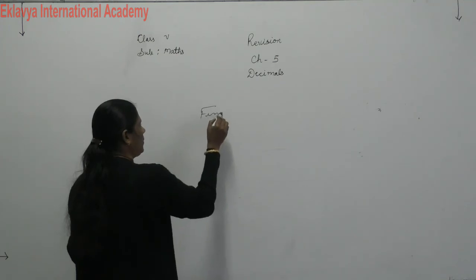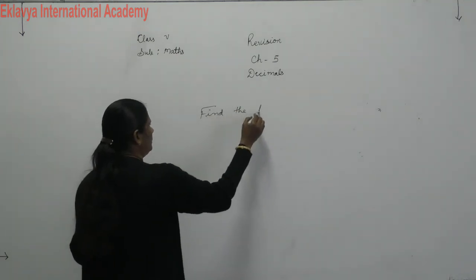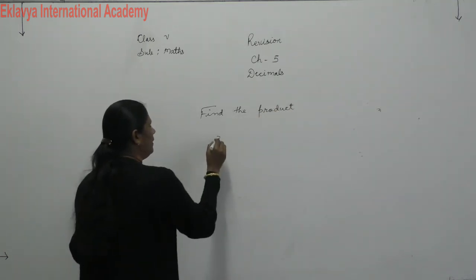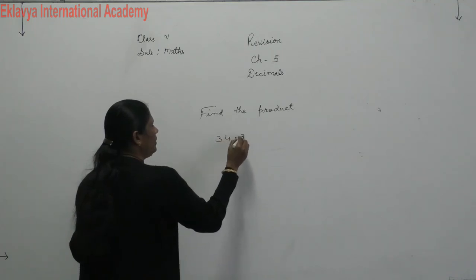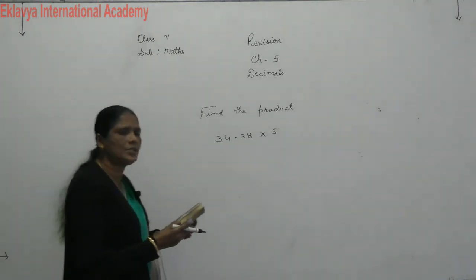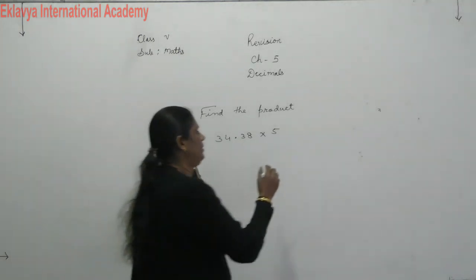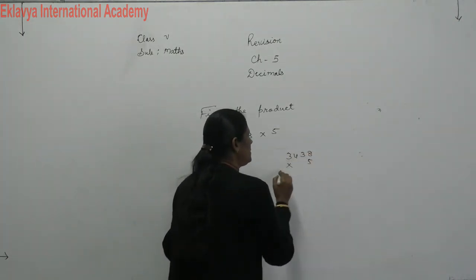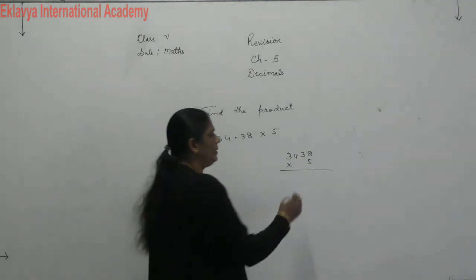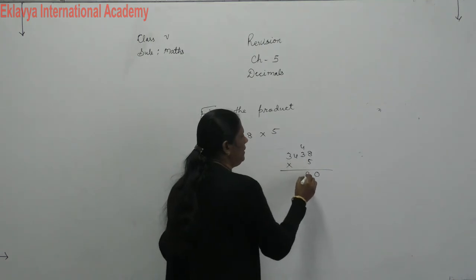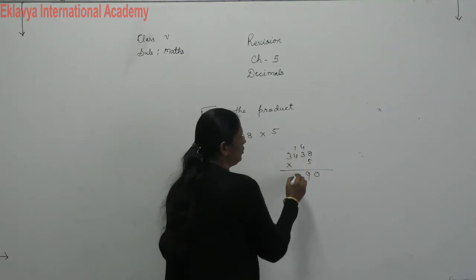Then find the product. $34.38 multiply 5. First you do simple multiplication. 3438 multiply 5. 40, then 15, 19, then 1, 21, then 17.